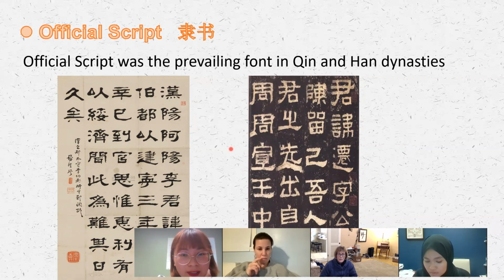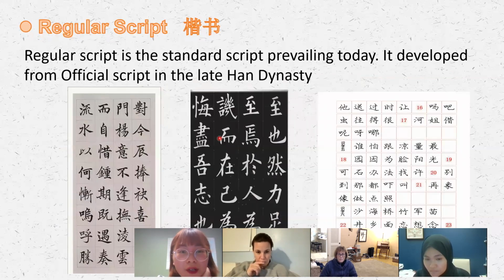So let's go on. Is the regular script. Regular script is the standard script prevailing today. So as you guys write is regular script, standard and formal, and it developed from official script in the late Han dynasty.